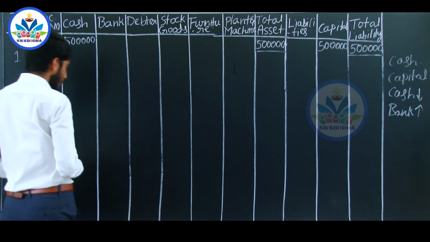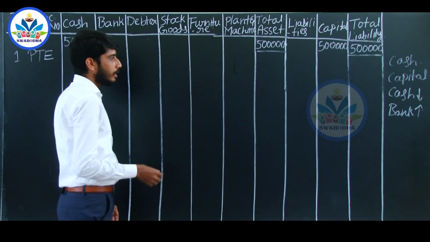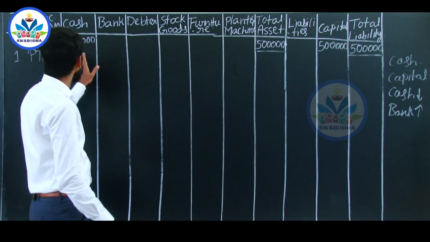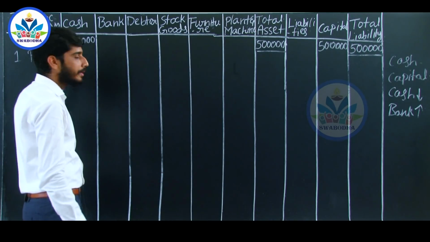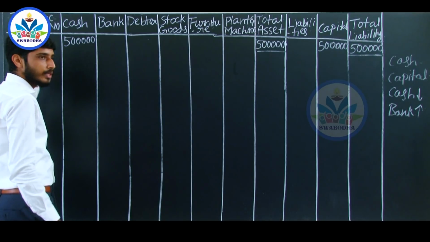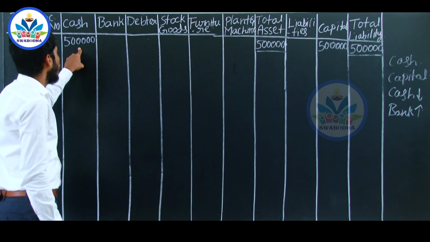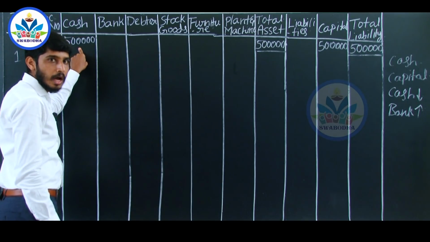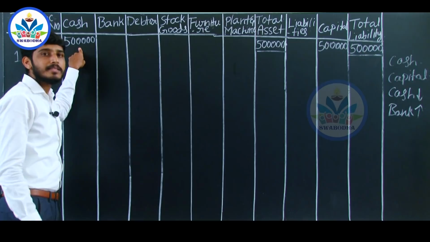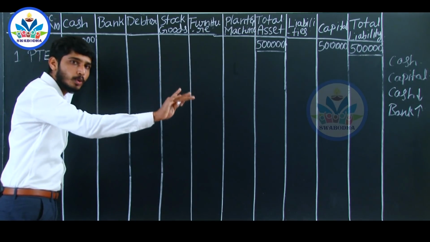That means, after taking into account the transaction, what is the accounting equation? We call it post transaction equation. So, he had 5 lakh rupees of cash, out of which he has deposited 4,80,000 into bank account.